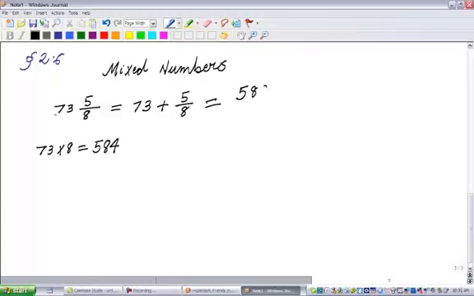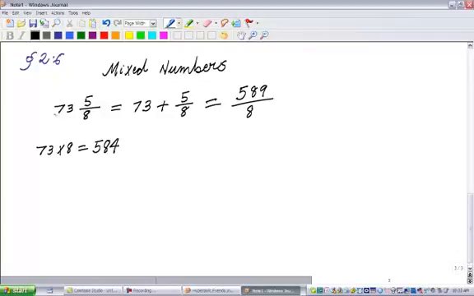589 over 8. Making sense? The meaning of this number is also, when I add these two numbers, I multiply 73 and 8 and add 5, right?